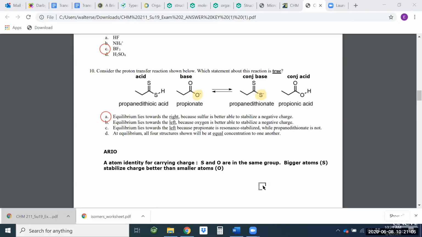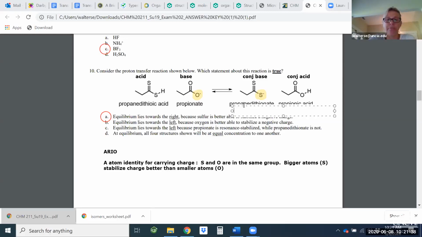Yeah. Okay. So the bigger atom is sulfur, and they both have resonance: oxygen carbon to oxygen, sulfur carbon to sulfur. So they're going to have the same or similar resonance stability. So I think it's going to come down to the size, so sulfur can stabilize the charge better.